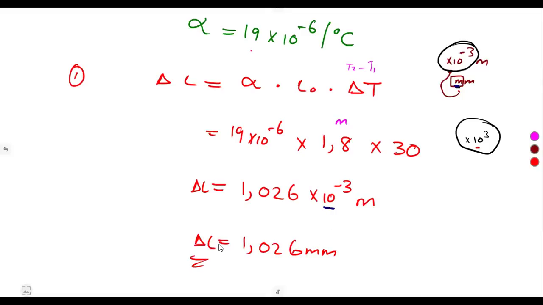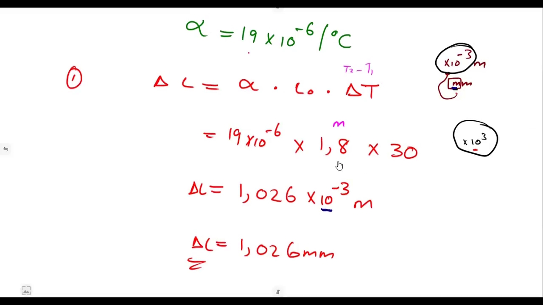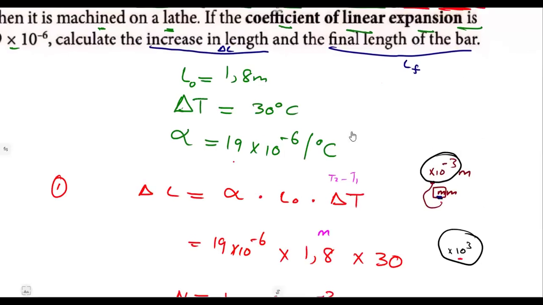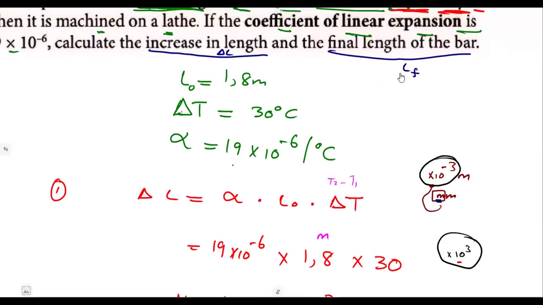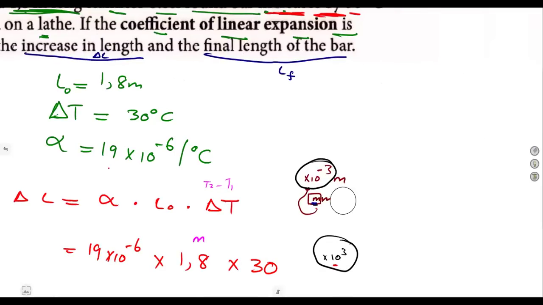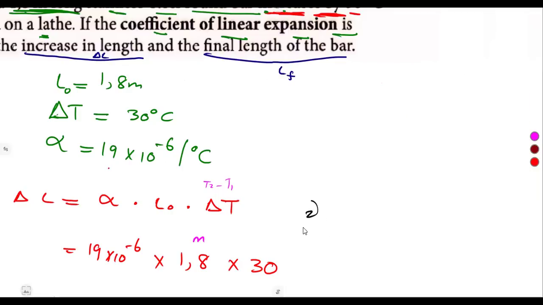So you've got the change in length. But the question is not ending there. They need you also to have the final length of the bar. Since we have the change in length and also the original length, it can be determined. Remember from our notes, we said final length is original plus the change in length.